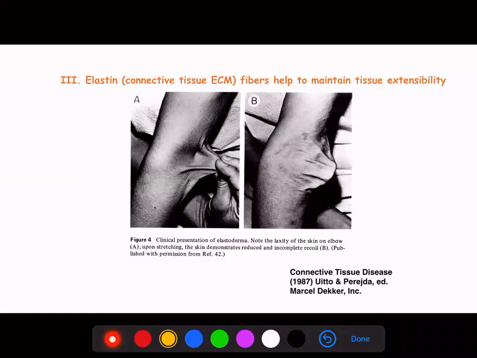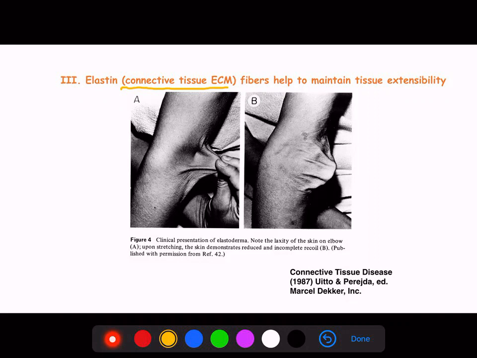And next is the elastin. That is the connective tissue ECM. This is the cutis laxa. So if you don't have elastin, then you will have this. I think that this is a very young patient, and the tissue does not have elasticity.